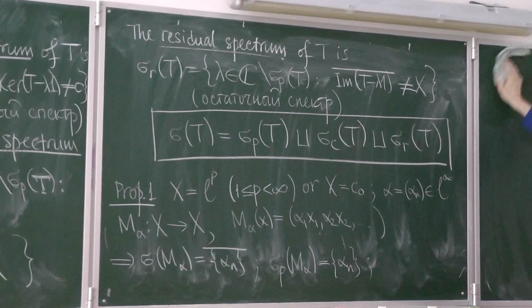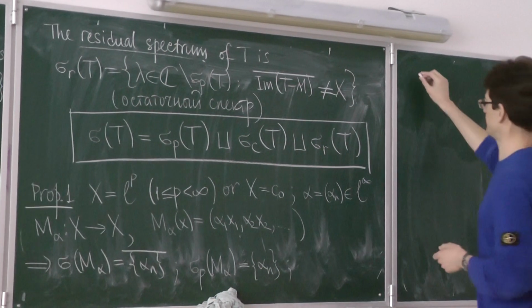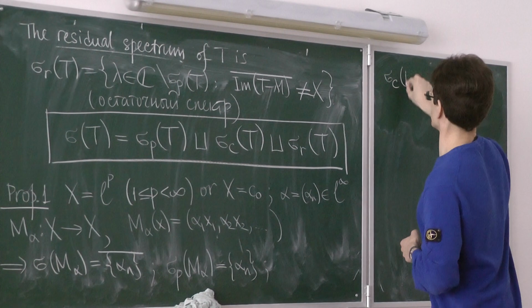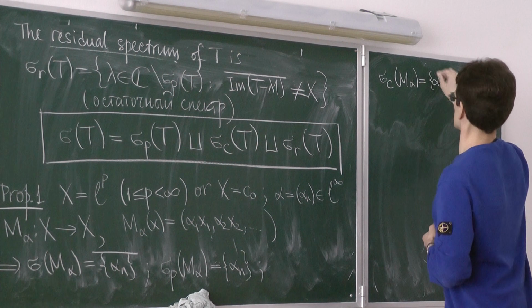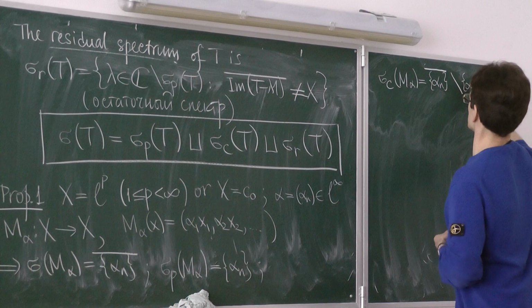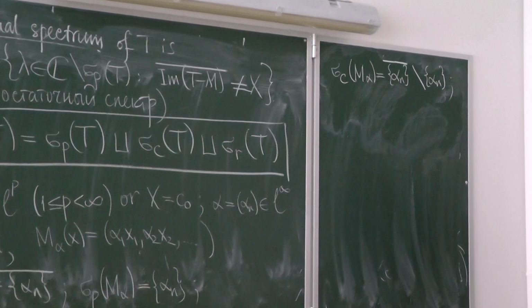The continuous spectrum consists of all elements in the spectrum which are not in the point spectrum. And the residual spectrum is empty.